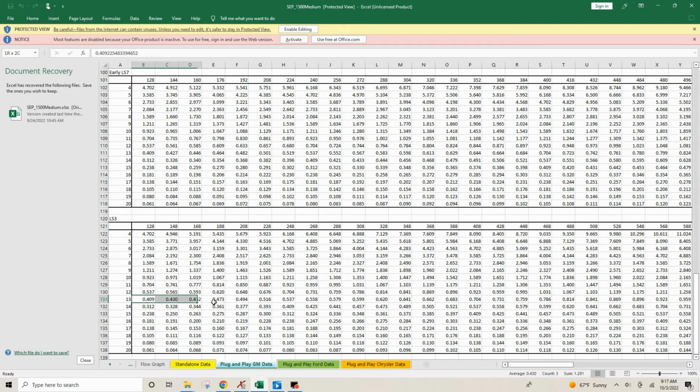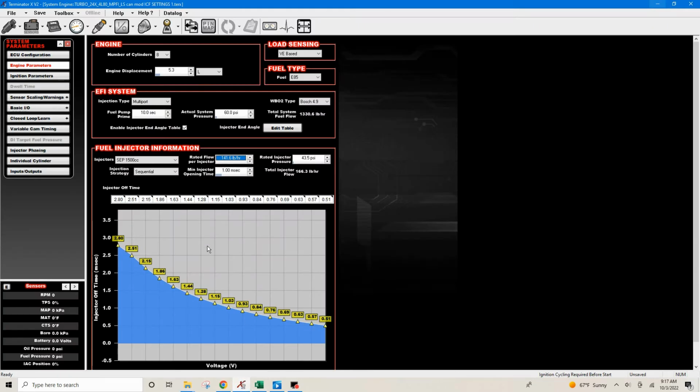So we're just going to shoot across the chart here on our 13, and go to our 408 kPa, and then we're going to come down here and see our injector dead time, or as Holley puts it, our injector off time. I'm sorry, our minimum injector opening time. I'm getting myself confused.